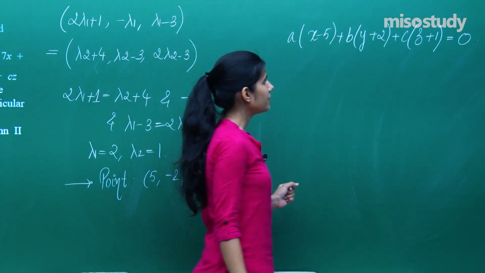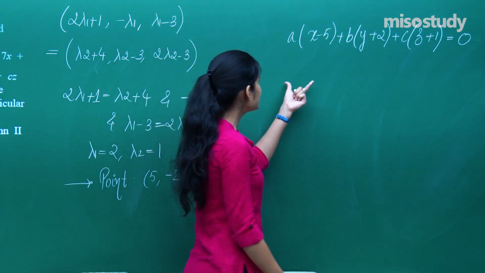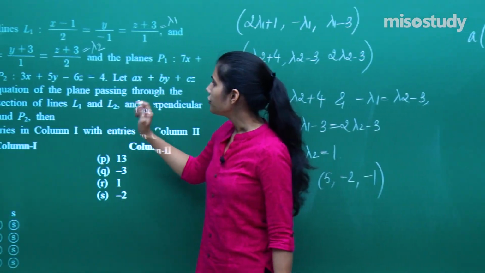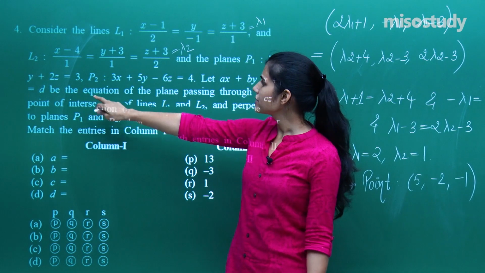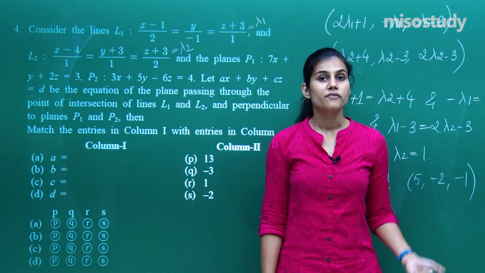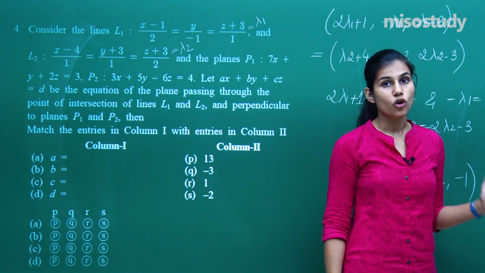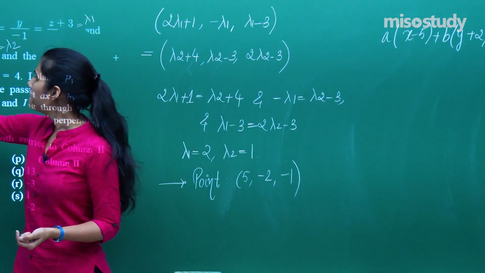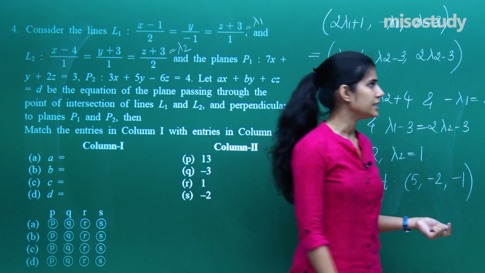This is the equation of the plane. Fine. Now it's given that this plane is perpendicular to plane 1 and plane 2. Right? Plane 1 is what? 7x plus y plus 2z equals 3. So the dot product of their normal vectors will be 0. So you get 7a plus b plus 2c.